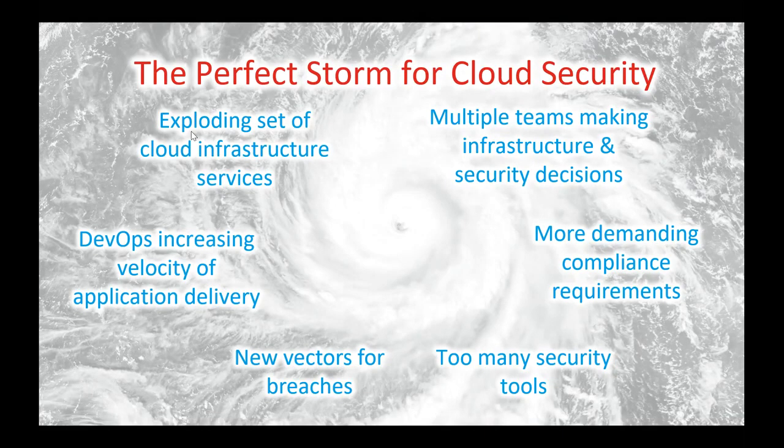So, what about Cloud One Conformity? Why is it required? It is the perfect storm for cloud security. There are lots of challenges with cloud security now. As you can see, there is an exploding set of cloud infrastructure services, multiple teams making infrastructure and security decisions, more demanding compliance requirements, and too many security tools and new vectors for breaches.